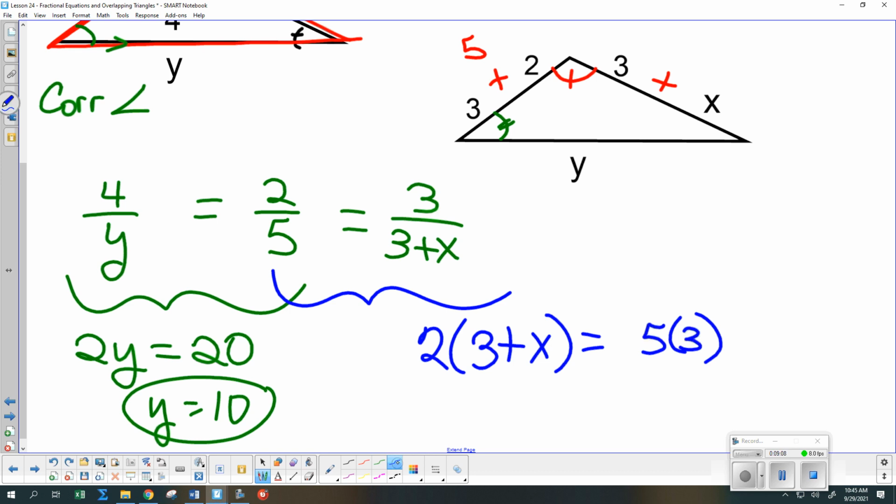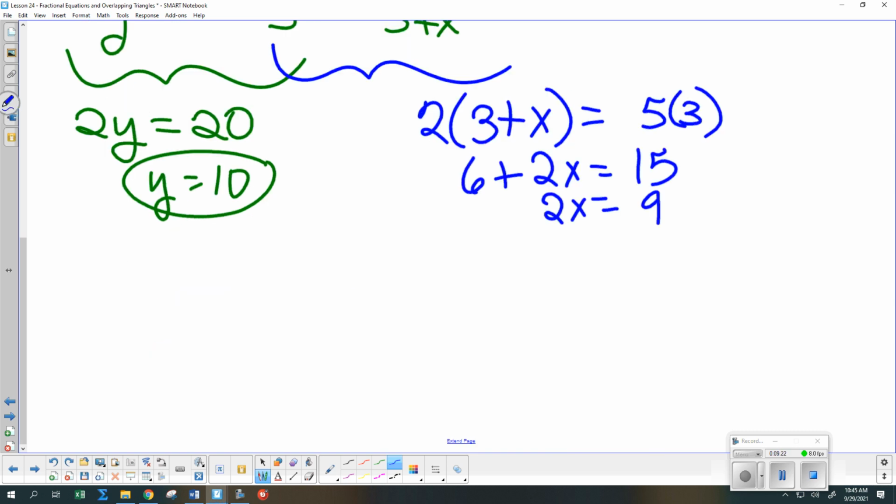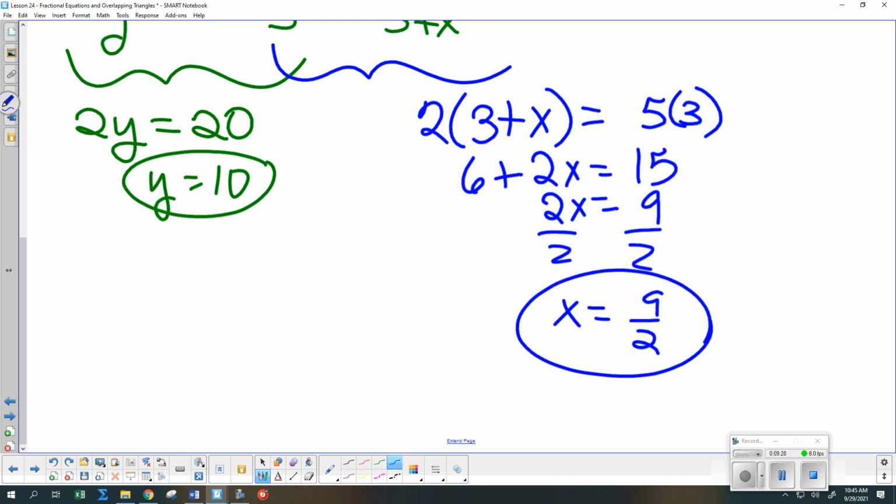Addie, you want to tell me what we write down on our next line? So 2x is how much, everybody? 9. Divide both sides by 2. And x is 9/2 or 4.5, whichever way you want to write that.